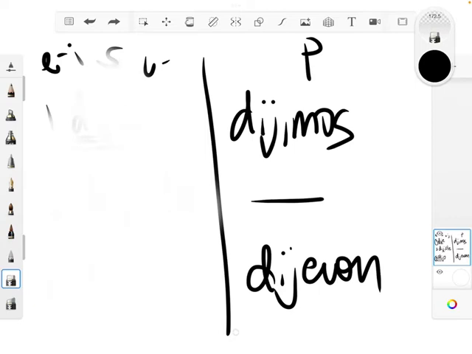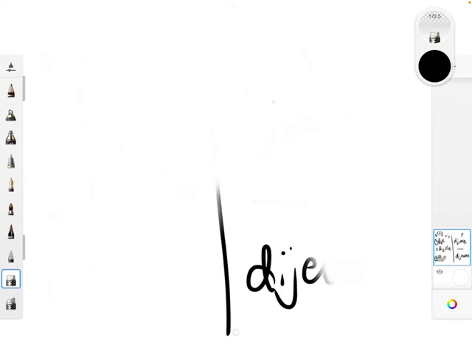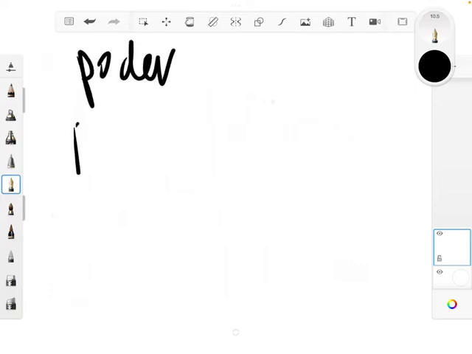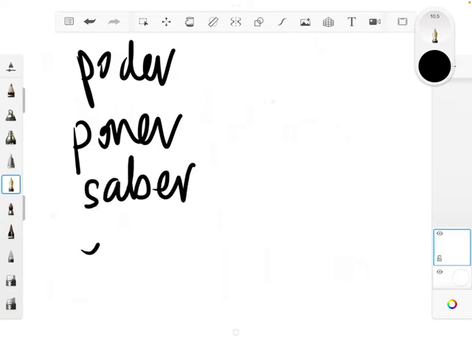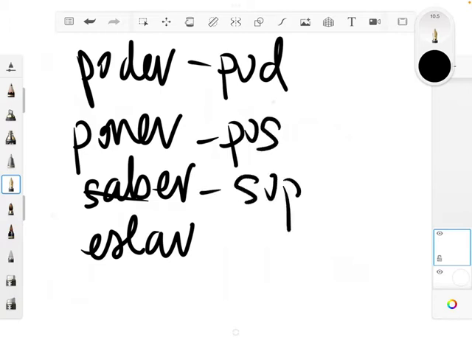All right, so then we also have other verbs, as you can see in the chart below, that have similar stem changes to tener, venir, and decir. Okay, so we have the verbs poder, poner, saber, and estar. Okay, poder is going to change to P-U-D, and then we'll have P-U-S, S-U-P, and estuv.